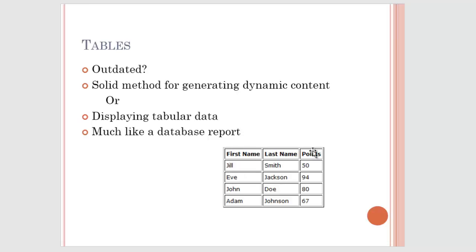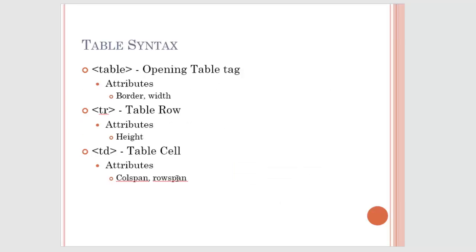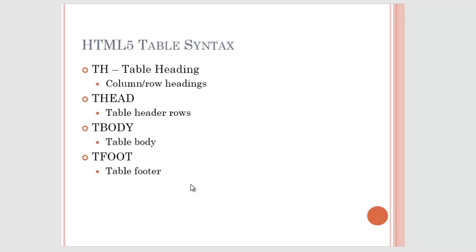A TR encompasses that row, and these little cells are TD. Those are the things you need for a table, and those are the things that I'm going to implement in my tables. However, with the advent of HTML5, they created some new tags: th, thead, tbody, tfoot. These are things that you should put in a well-polished table, but like I said, this isn't a web development class.